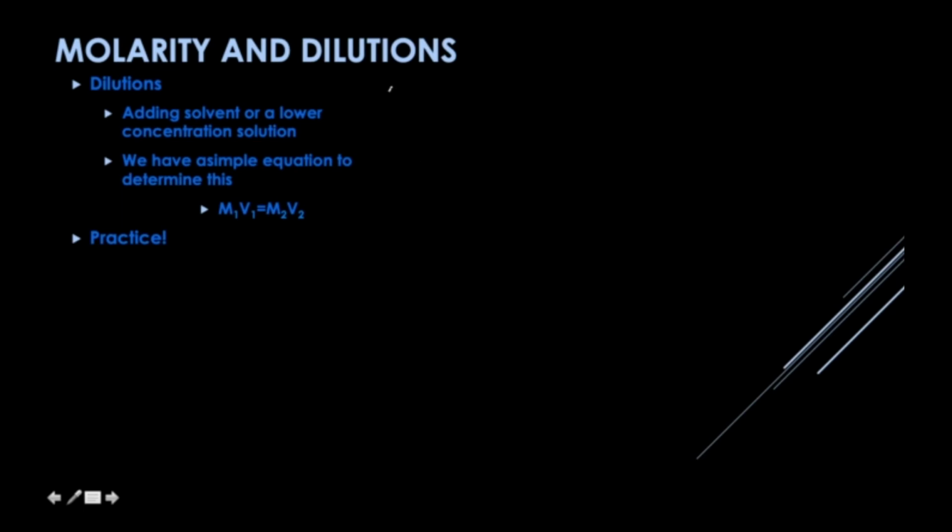So let's say we have a 6 molar solution of NaOH, and we need to make a 0.5 molar solution, and I need enough for an entire class. So let's say I need 2 liters of 0.5 molar solution.